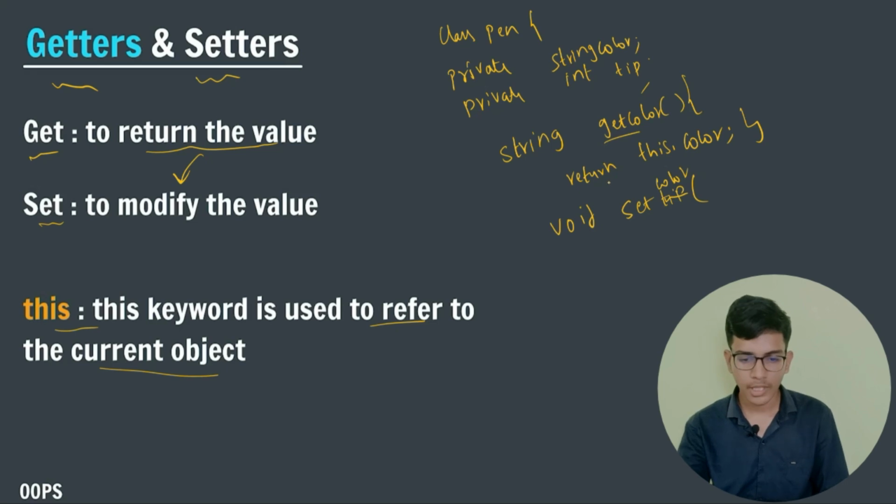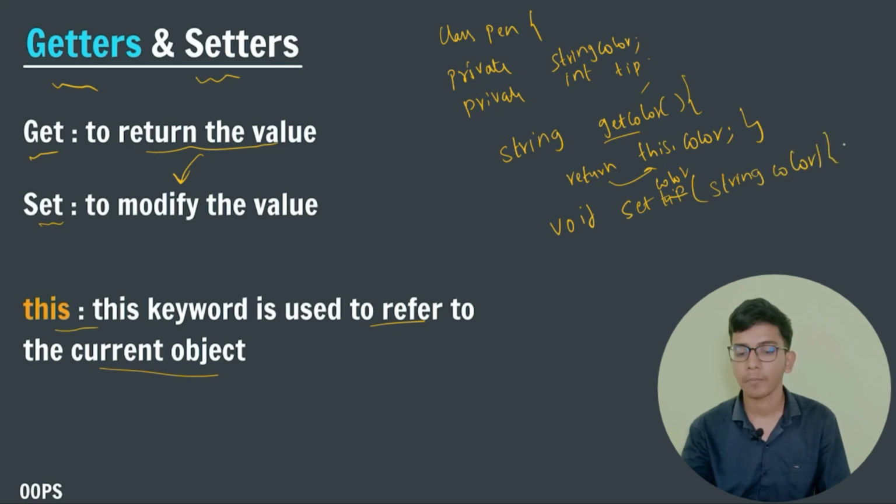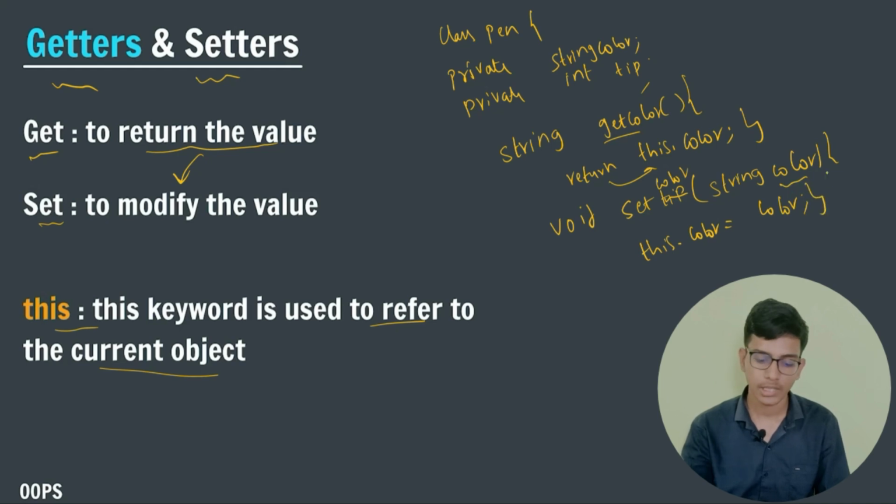So here get is used to return the color of my pen. After that, set color is used to set the color of my pen, where I pass a string color. After this, this dot color is equal to the color which we pass here. So I am assigning the color which we passed.